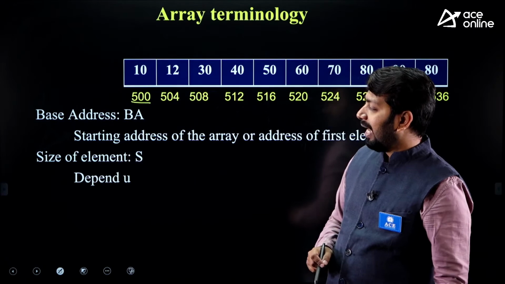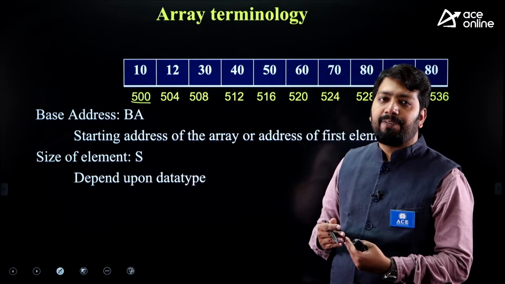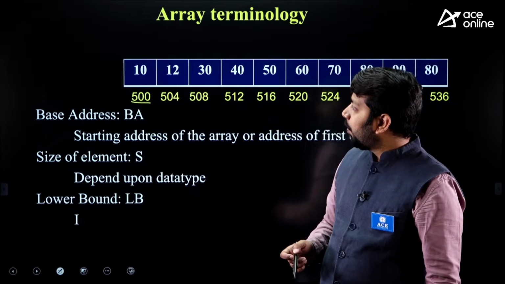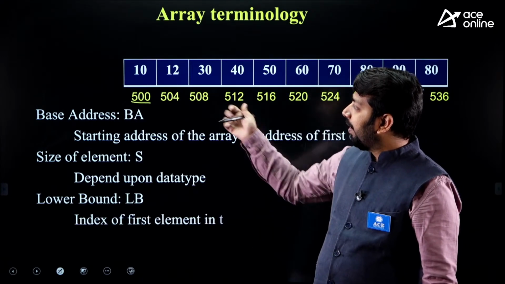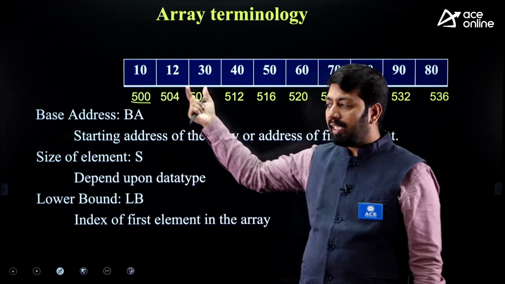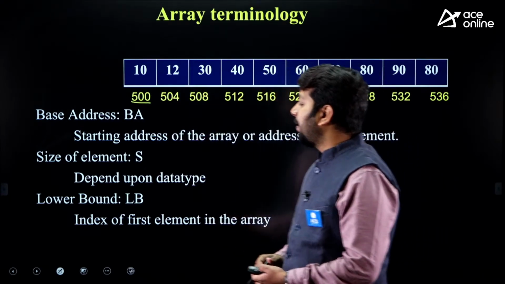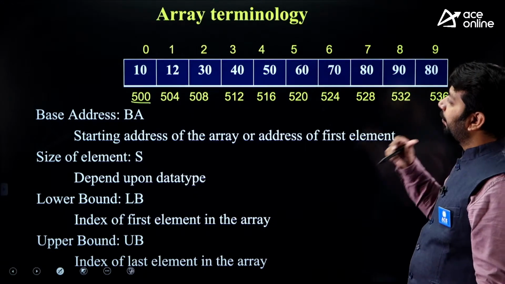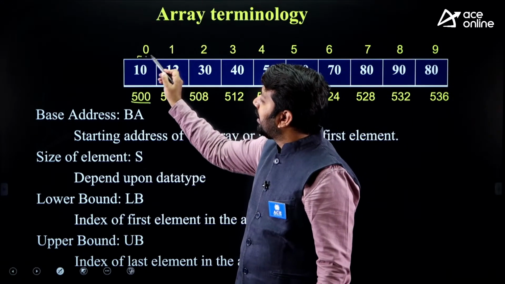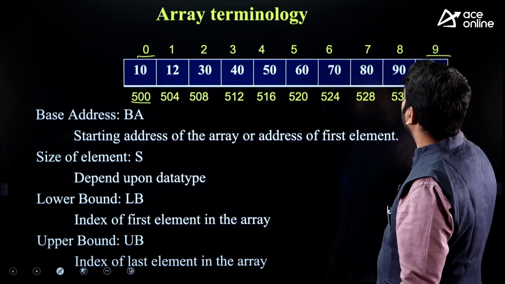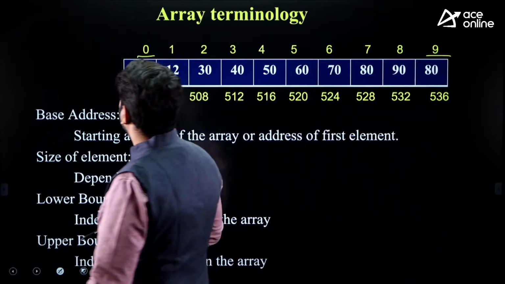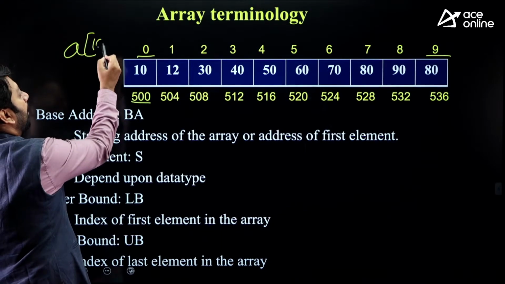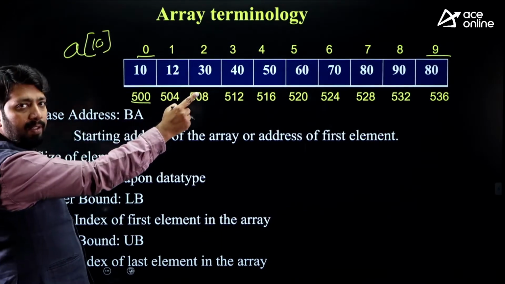Then size of the element can be different based on the data type. Fine. Then lower bound is the index of the first element of the array. Upper bound is the index of the last element of the array. For example, here my lower index is 0 and my upper index is 9. And what is this? This is my array of size 10. Fine.